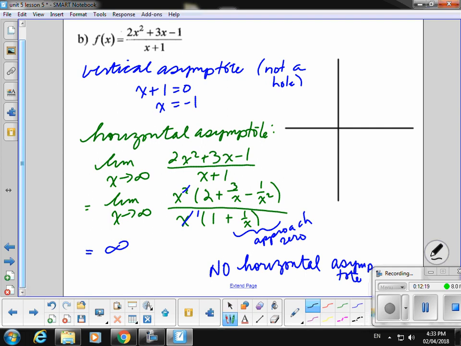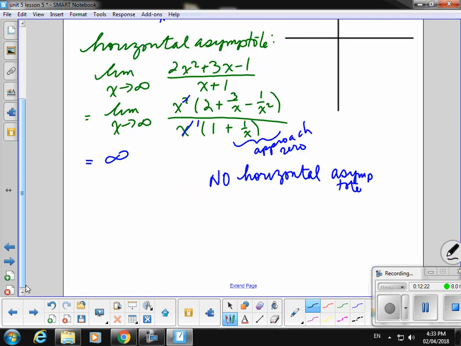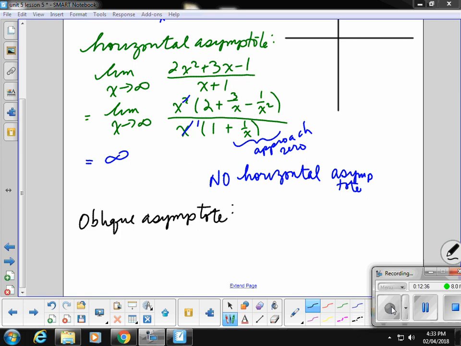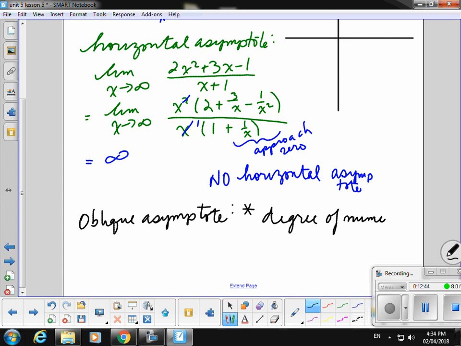Some of you could have answered that horizontal asymptote question in another way by looking at the degrees, but for an oblique asymptote, that will happen when the degree of the numerator is exactly one higher than that of the denominator.